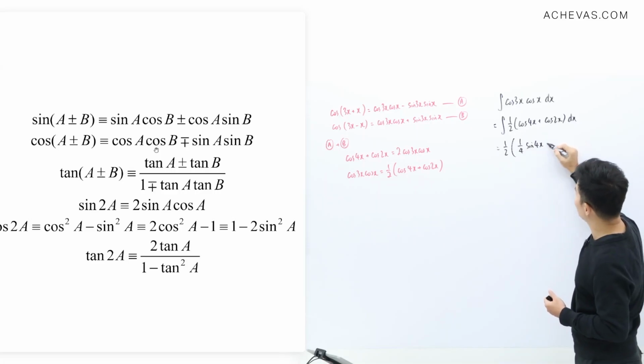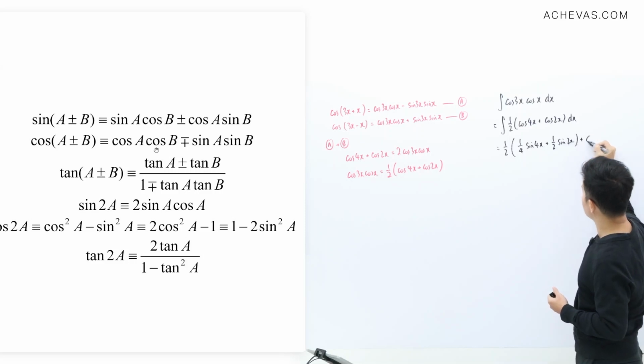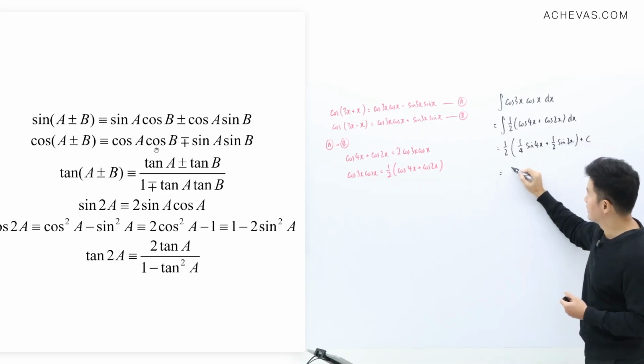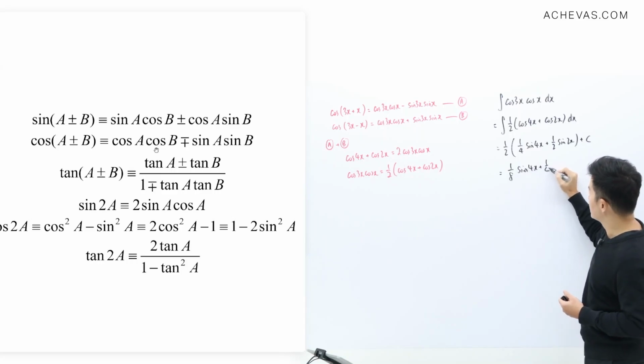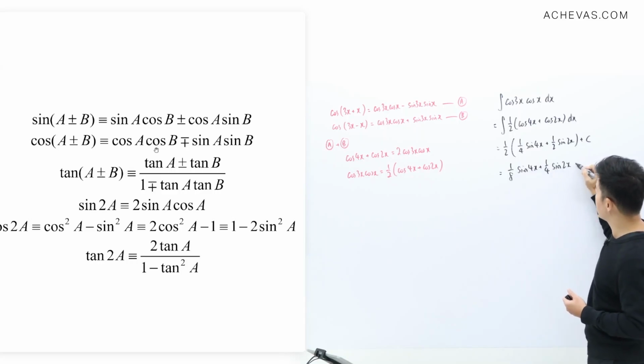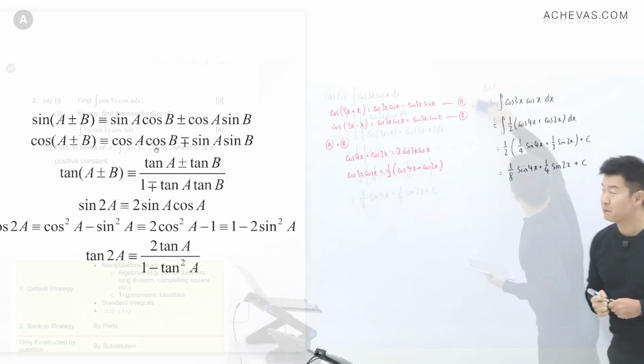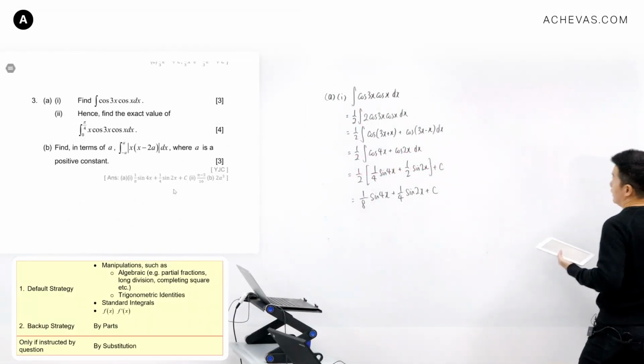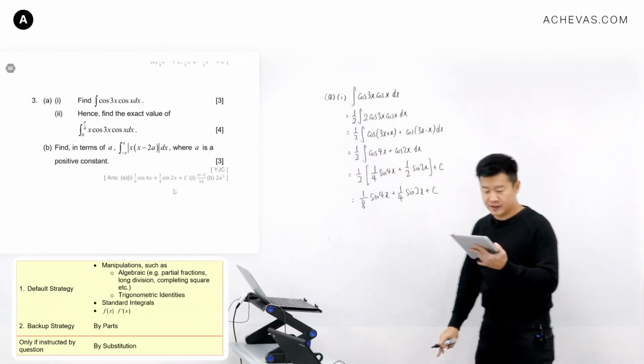Integrating this, it is going to be equal to 1 over 2 sine 2x. Let's not forget about the plus c, so my answer is going to be equal to 1 over 8 sine 4x plus 1 over 4 sine 2x, then plus c. I'm going to leave this here for our reference.